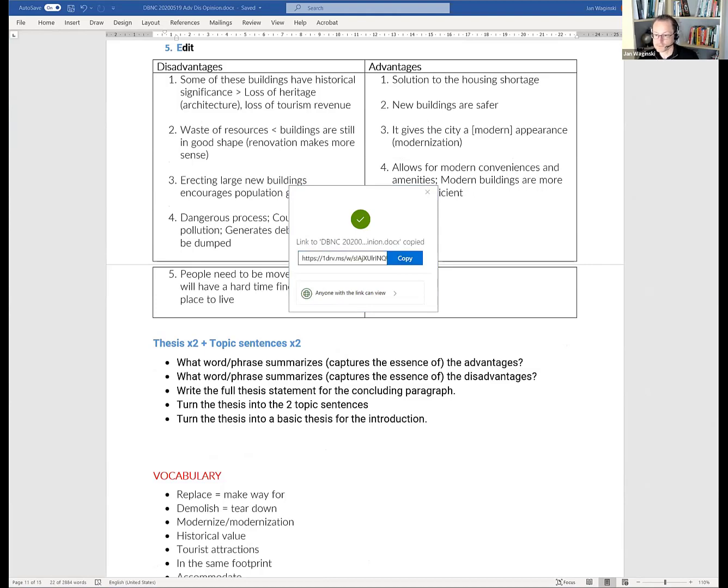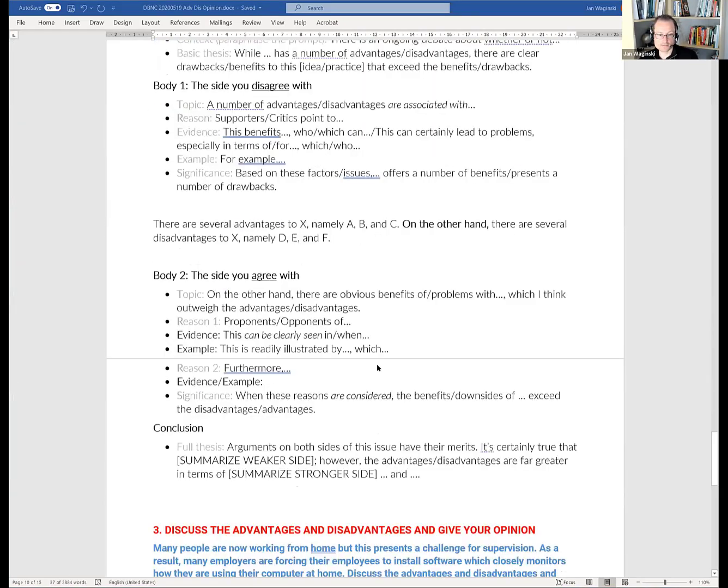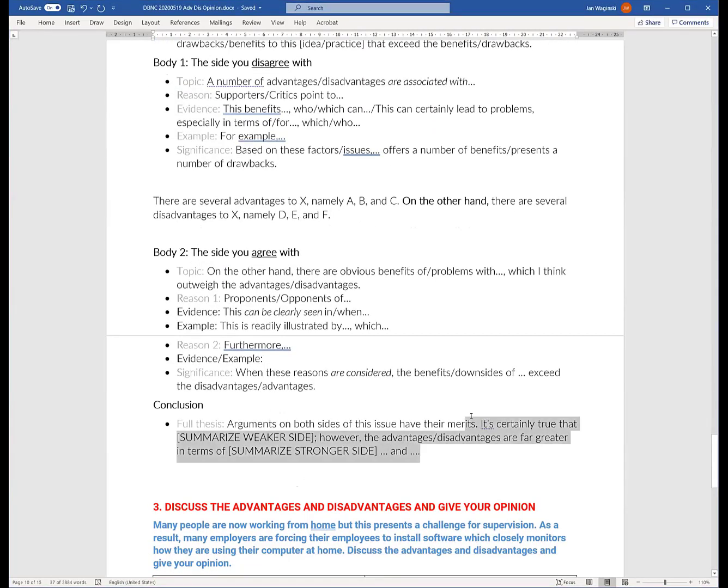Okay, so I posted the link to this document in the chat. This is the prompt. It's in the chat. So we will write only the final thesis here, the full thesis for the conclusion. Yes. What do you mean, for the conclusion? I mean, in conclusion, the last body paragraph? Just this thesis that goes in here.